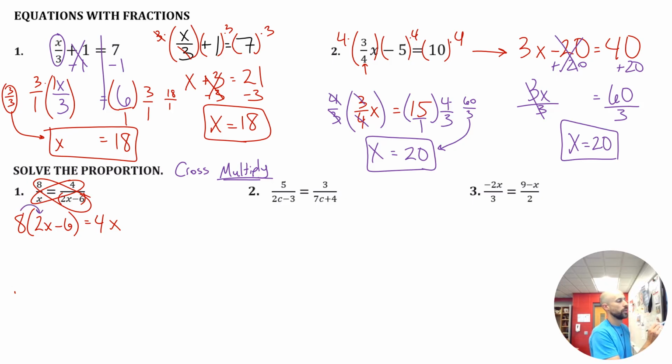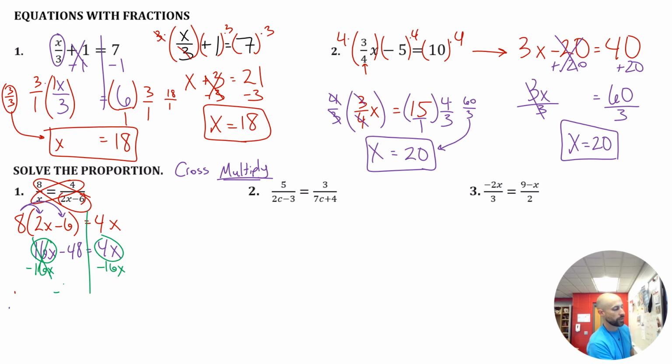So distribute: 8 times 2x is 16x, 8 times negative 6 is negative 48. Bring down your 4x. From here, I have variables on both sides of the equal sign, but they're alone on the right-hand side, so I'm going to subtract the 16x to get it to the other side.